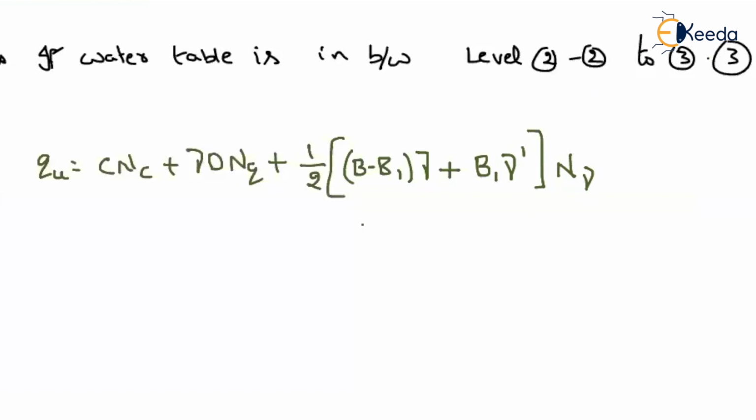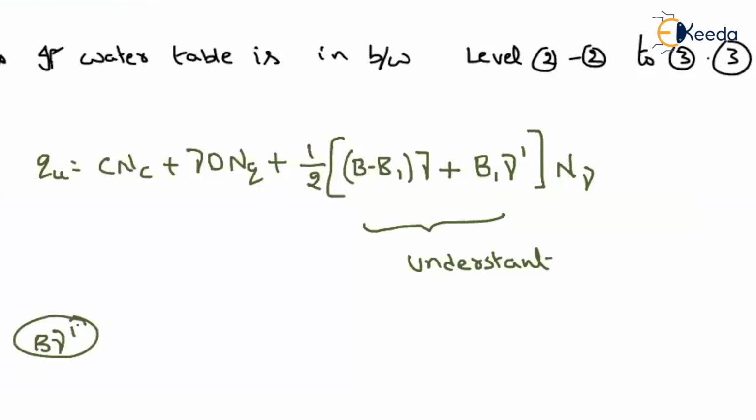If you understand this, you should not memorize this formula for the exam. If you memorize it, you may commit a mistake. Understand how I am writing this term. Imagine if your width term is completely submerged, as we have discussed, we use B into gamma dash. If it is completely in the dry state, we use B into gamma.